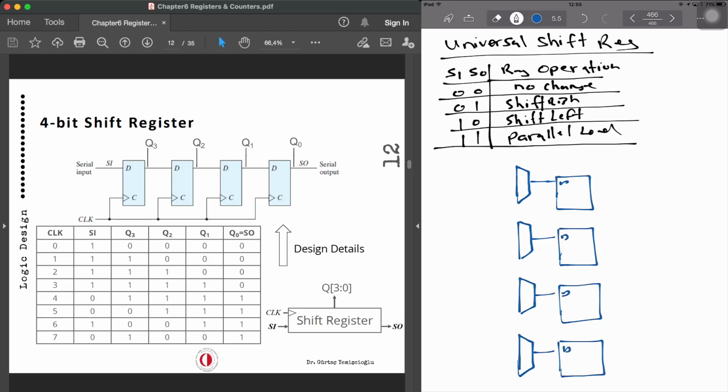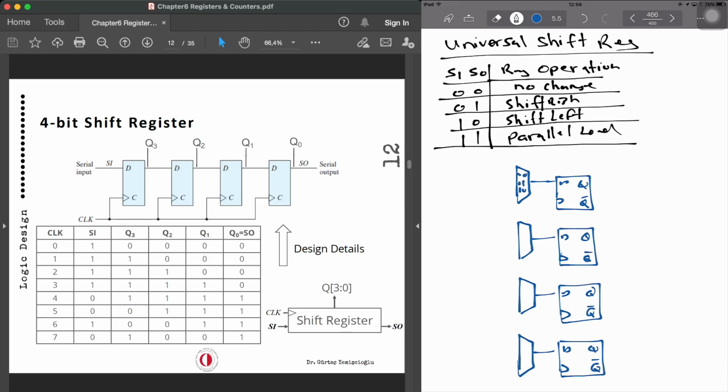We have D inputs, and we have clocks connected. Q, Q bar, Q, Q bar, Q, Q bar, Q, and Q bar. And modes of operations 0 0, 0 1, 1 0.